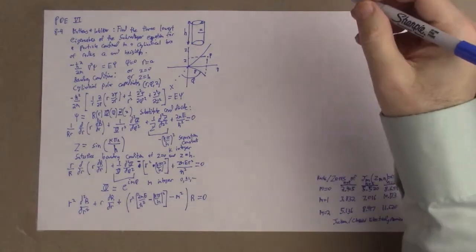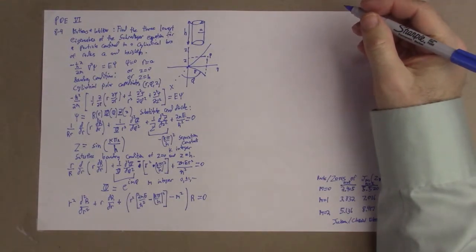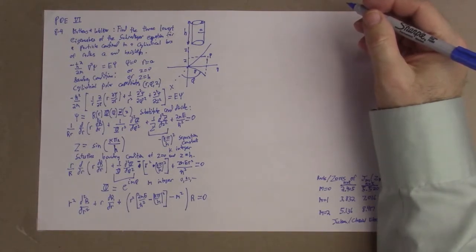Okay, so now, if you look at this equation, you can sort of see right away, if you're a theoretical physicist at least, you see right away you're headed to Bessel's equation.